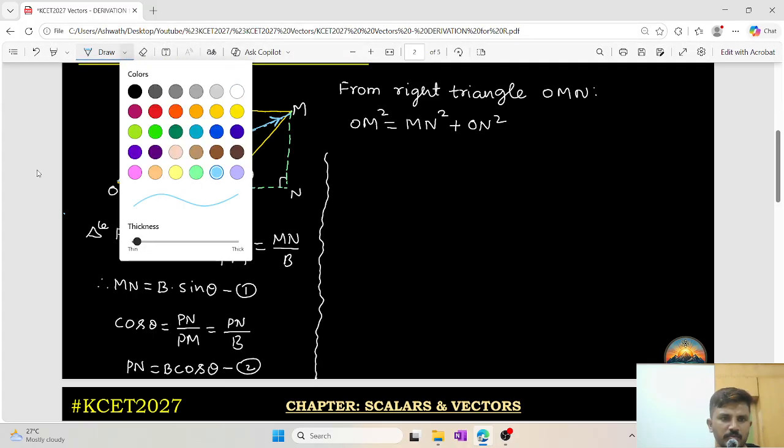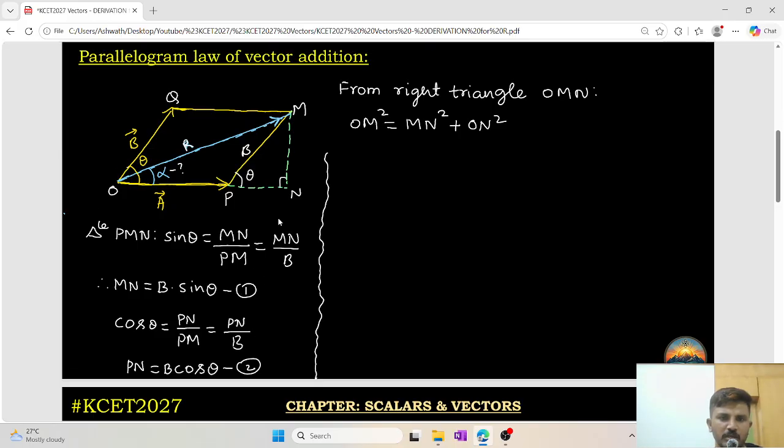Now, if I substitute these values in this Pythagoras theorem, we will get the final answer. So OM value I know, OM square, that is R square. OM value is R. That is equal to, what is MN? MN is this one, B sine theta.